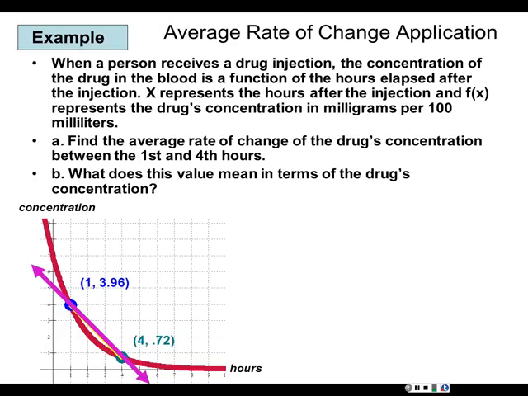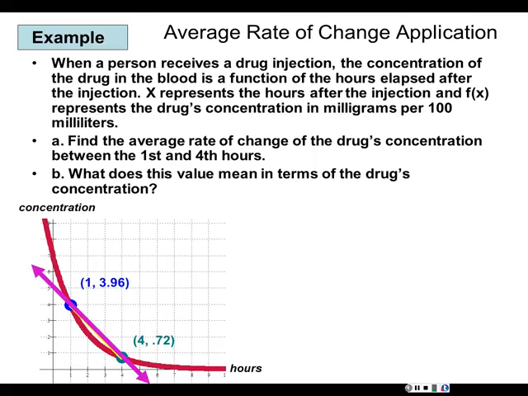At the beginning, the concentration was decreasing at a very high rate. But in the later hours, the concentration is decreasing at a slower rate. Even after 5 or 6 hours, the concentration is still decreasing. It's not 0 yet, but it's decreasing quite slowly.